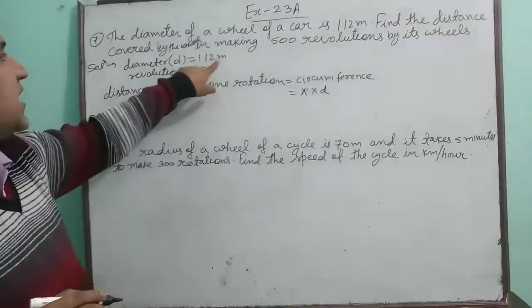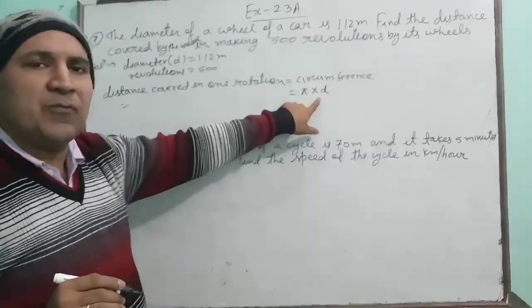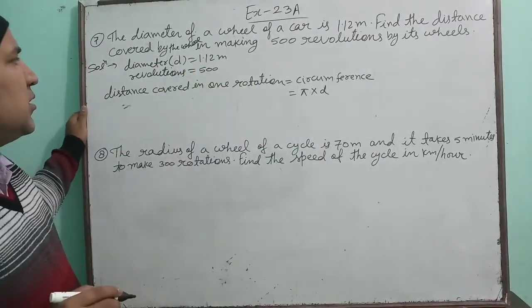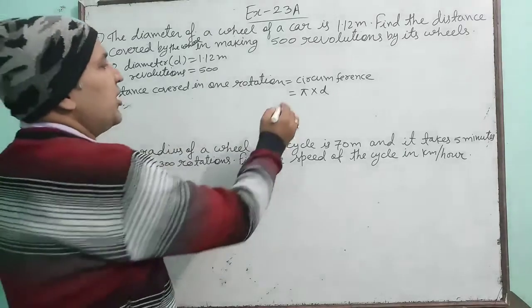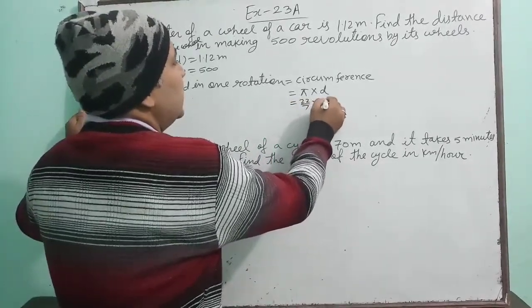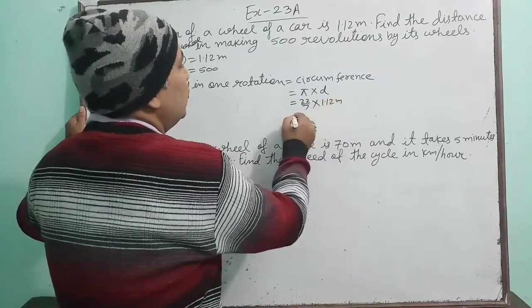Here diameter is given, so we are applying the formula for diameter. Diameter into pi is equal to circumference. Now put the value. Pi is 22 by 7. Diameter is 1.12.